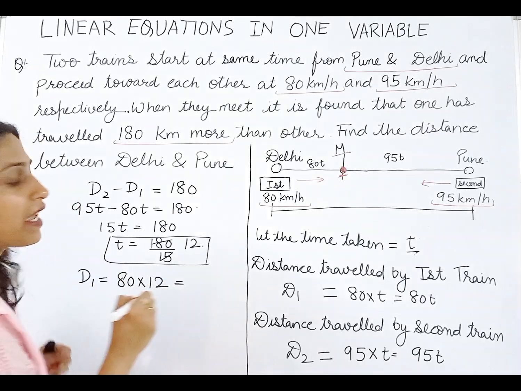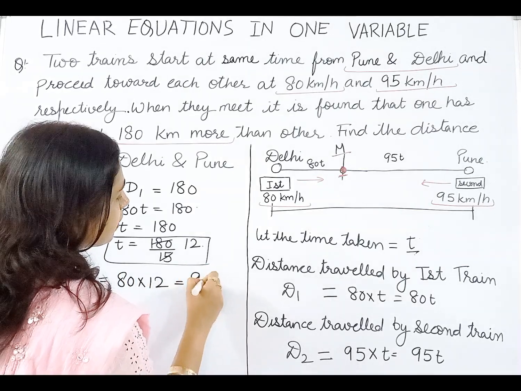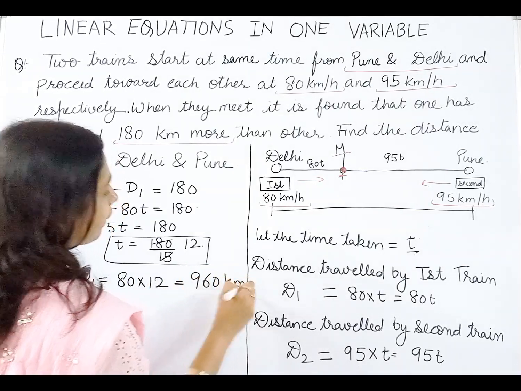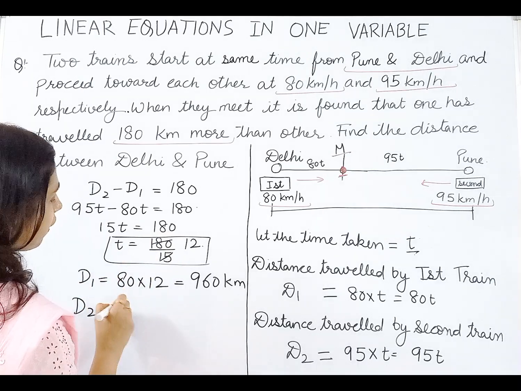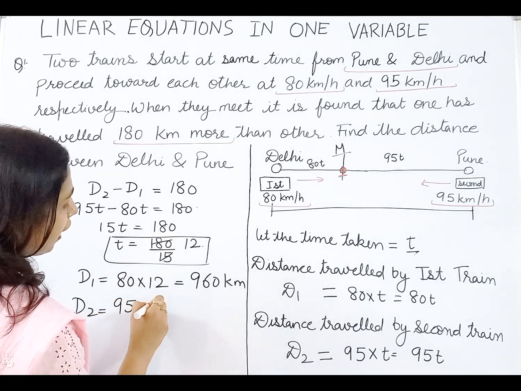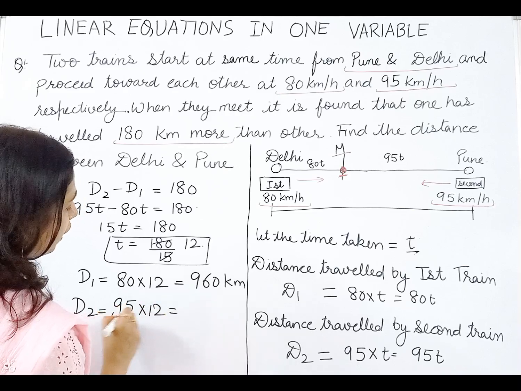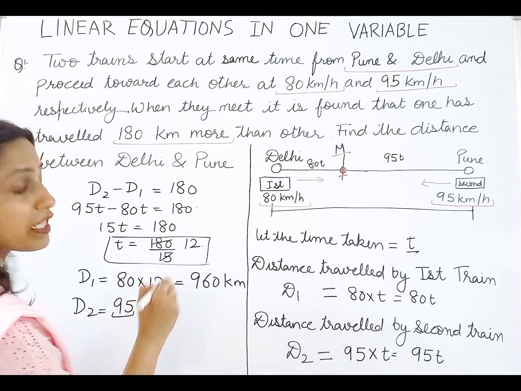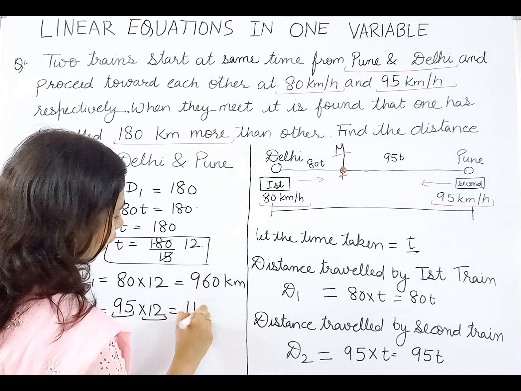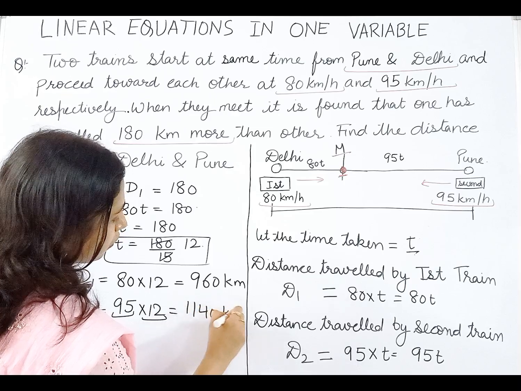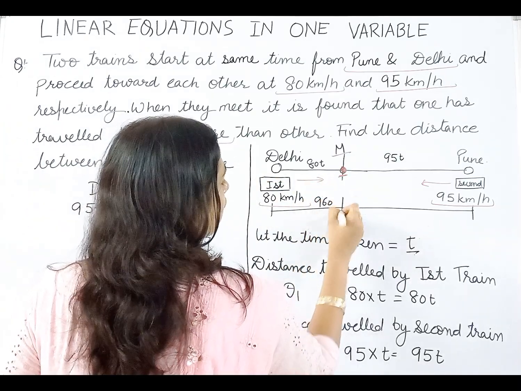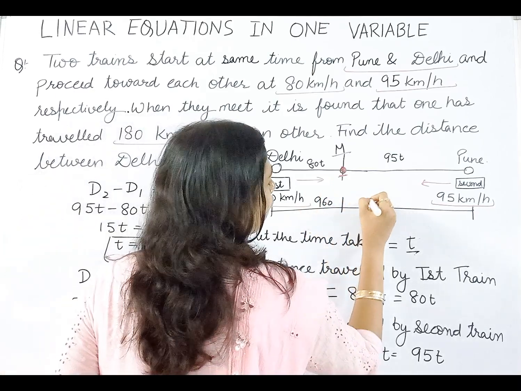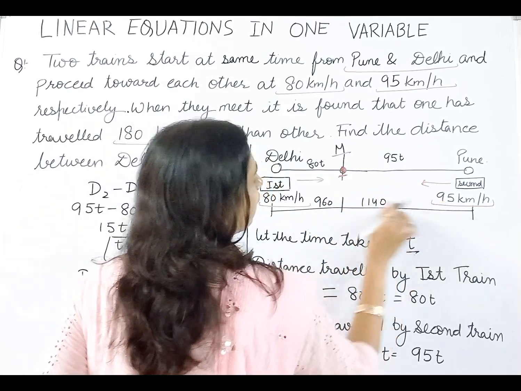So the first train has traveled 960 kilometers, and the distance traveled by the second train is equal to, the speed of the second train is 95 and time is 12, so 95 multiplied by 12 is equal to 1140 kilometers. So 960 is the distance traveled by the first train and 1140 kilometers is the distance traveled by the second train.